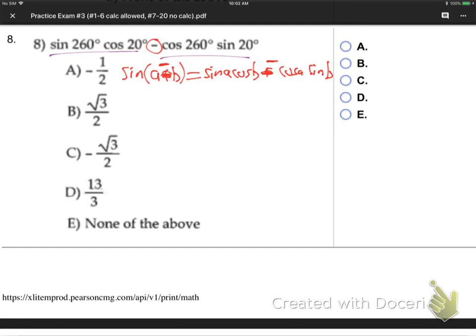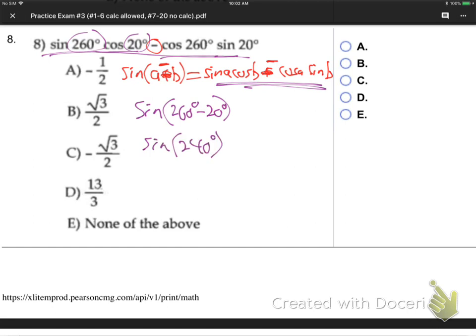Cosine switches the sign on you. See, it's more tricky. Okay, so we see the right side. So therefore, all of this is equal to just one sine with those two angles subtracted. 260 minus 20.